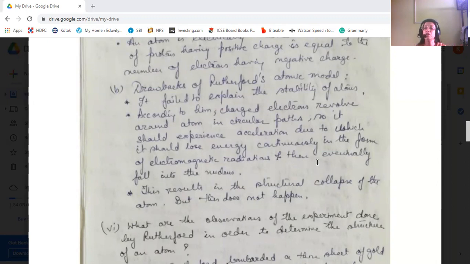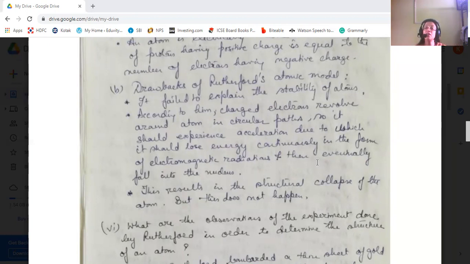According to Rutherford, the charged electrons revolve around the nucleus. We know electrons are negatively charged, and they move in circular orbits around the nucleus. While revolving around the nucleus in circular paths, they should experience acceleration, due to which they should lose energy.